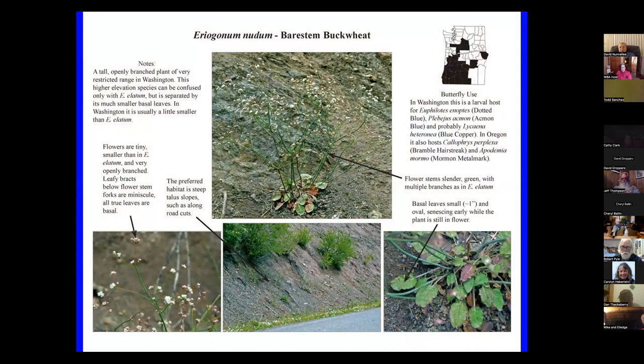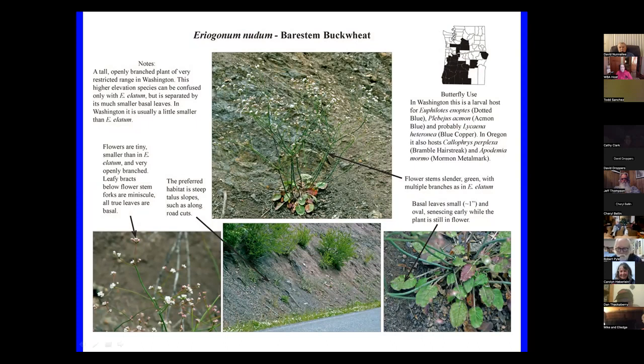Eriogonum nudum. This is a plant that occurs in several areas of the state, around Rimrock Lake, near White Pass, and various other places up in the high mountains and on down toward the Mount Adams area. These look a lot like the Eriogonum elatum, the tall buckwheat, except the basal leaves are much smaller.